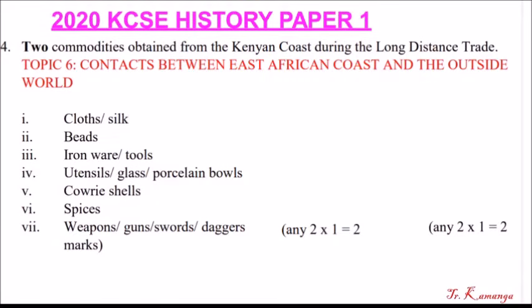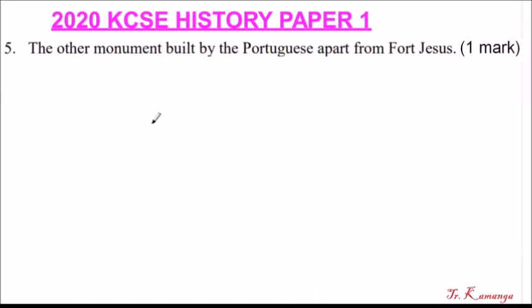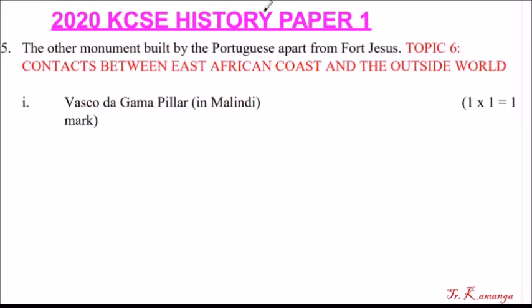Let's go to question number 5. The other monument built by the Portuguese apart from Fort Jesus. So which is this monument? Let's find out. This is from topic 6, contact between East African coast and the outside world.